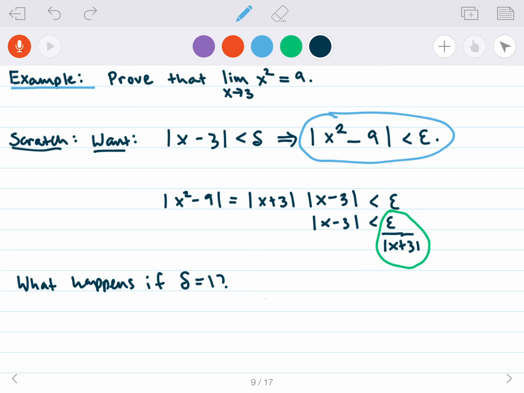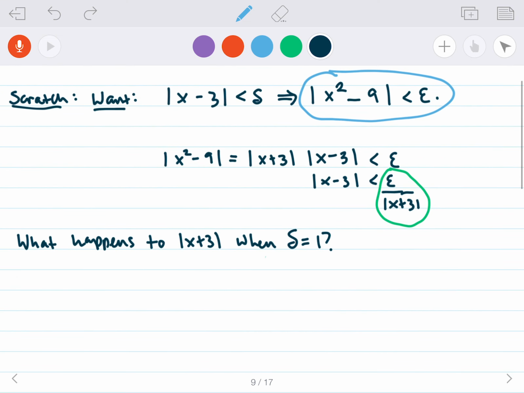So, what happens if delta equals 1? And maybe I should write it a bit more carefully. Maybe I'll say, what happens to x plus 3 when delta equals 1? Because I'm trying to bound this thing so that we have a delta that doesn't depend on x. I feel like I'm saying that 100,000 times, but just bear with me. Okay.